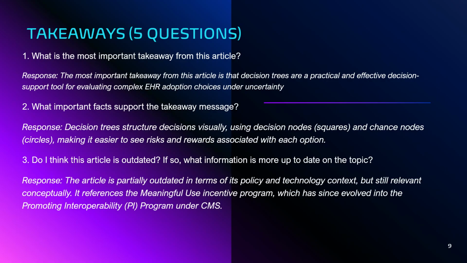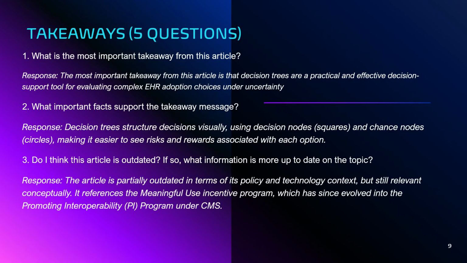And question number 3 is, do I think this article is outdated? If so, what is more up to date? Yes, the article is from 2011, so it is partially outdated in terms of policy and technology context, but still relevant concept-wise. It references the meaningful use incentive, which has since evolved into the Promoting Interoperability PI program under the CMS.